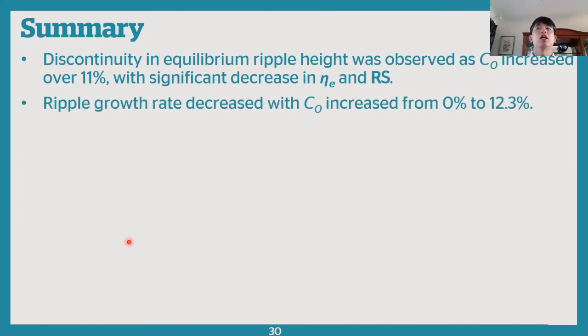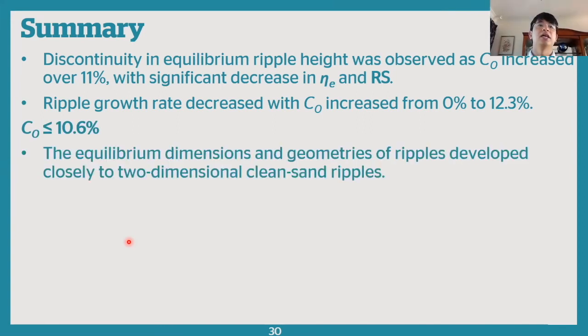And secondly, we found there was a decreasing trend between the clay content and the ripples' growth rate. And if the clay content was lower than 10.6%, we found that the equilibrium dimensions and the geometry of ripples were quite similar to the clean sand ripples.